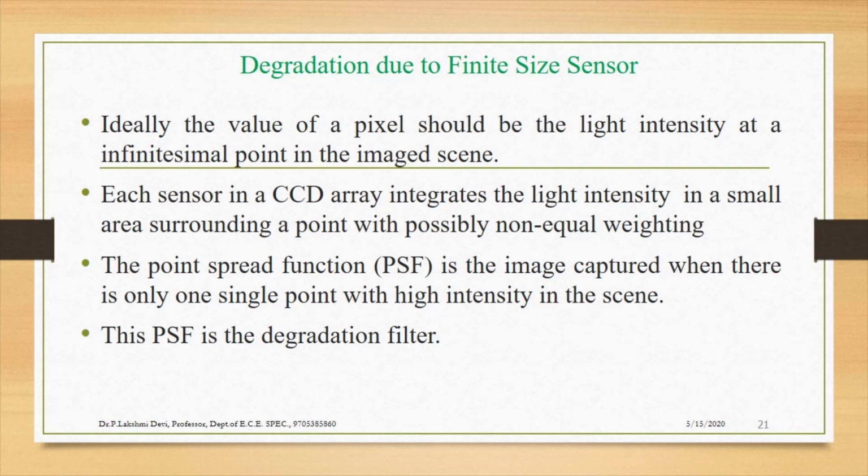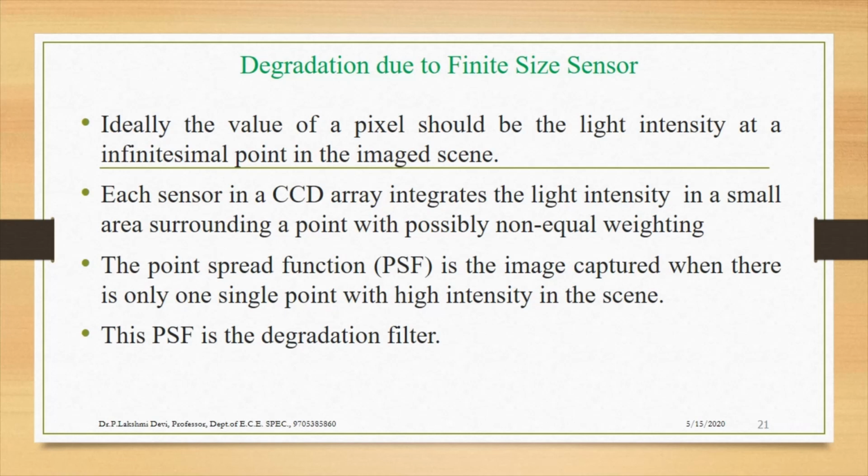Degradation due to finite size sensor. That is, degradation happens in the images due to finite size sensors. Ideally, the value of a pixel should be the light intensity at an infinitesimal point in the imaged scene.